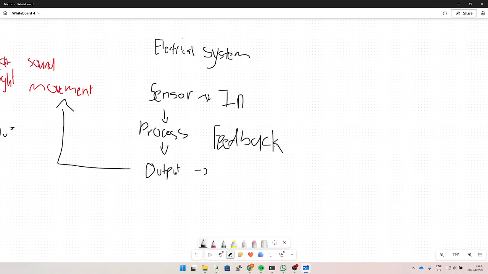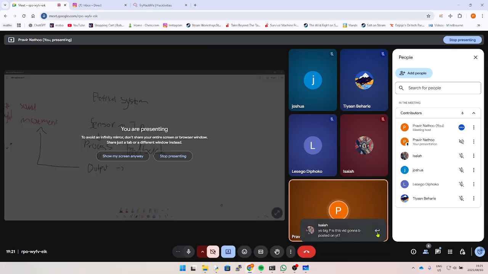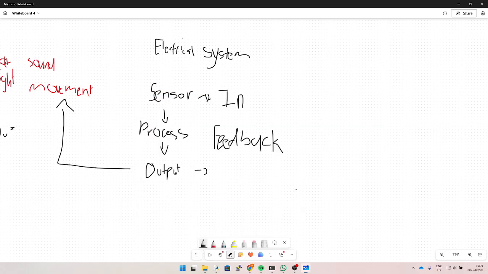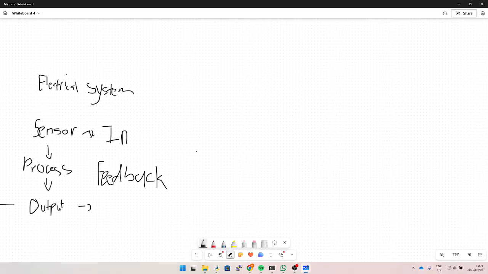Now, if you take a simple circuit that just has a light bulb, a switch, and a battery, then it's simple to identify.